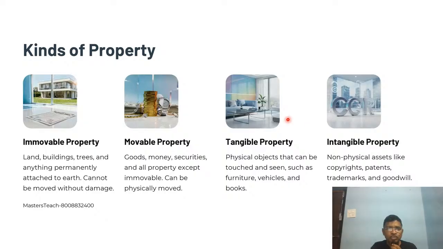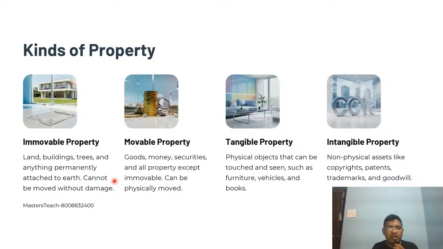Then, kinds of property. There are four types: immovable property, movable property, tangible property, intangible property. So, immovable property, which includes land, building, trees, and anything permanently attached to the earth.